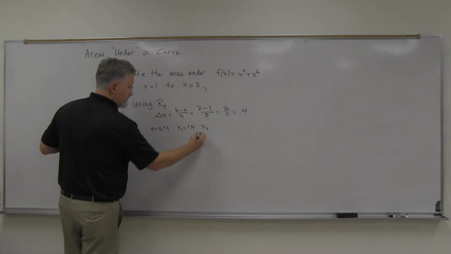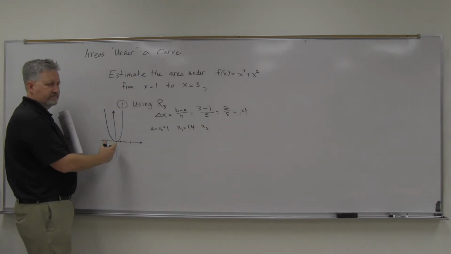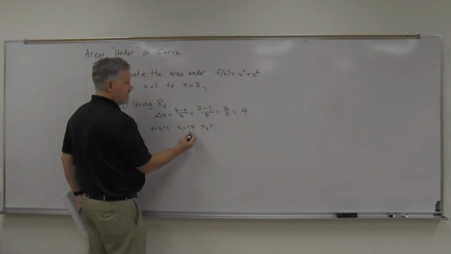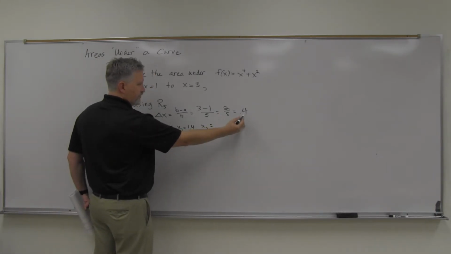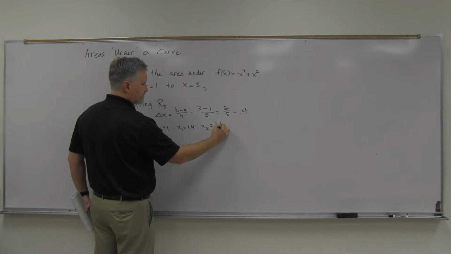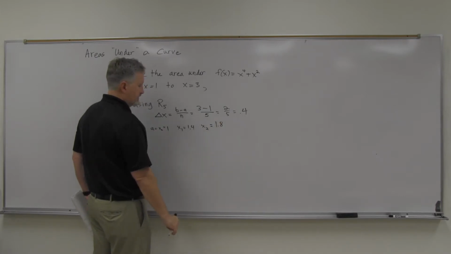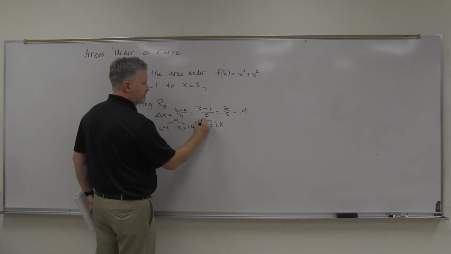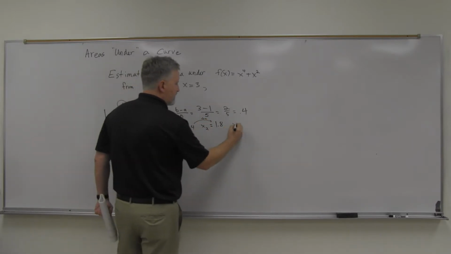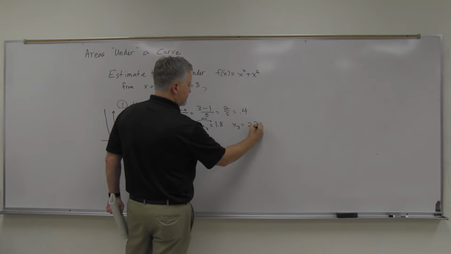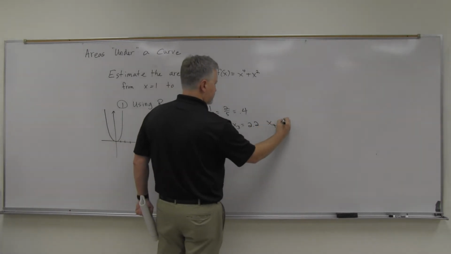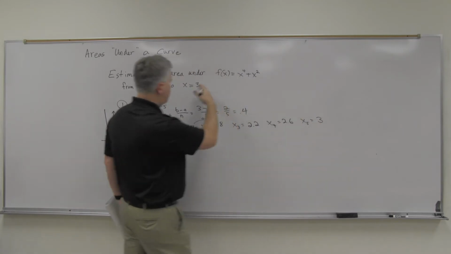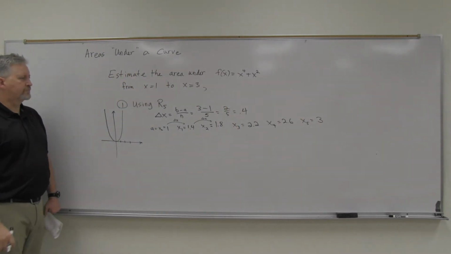And then x2, you can mark it on the graph, but you don't have to. This is another alternative. What would x2 be? Well, x2 is just taking the 1.4 and adding delta x, so that's 1.8. You're just adding delta x each time to get it. Then x3 is 2.2, x4 is 2.6, and x5, the last one, is 3. That's where we end up. Okay?